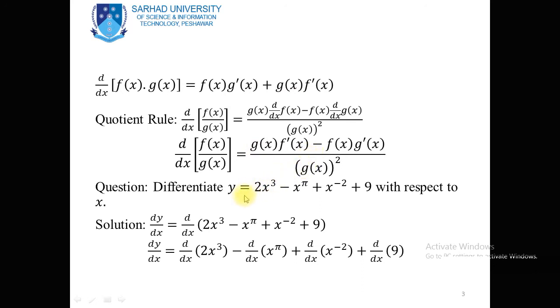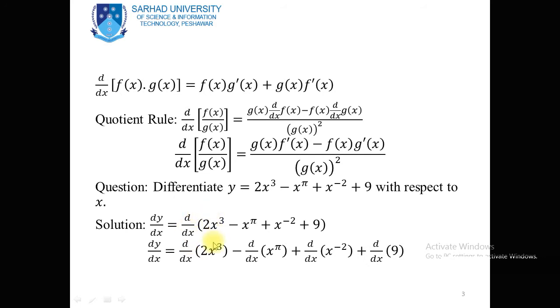Suppose we have a problem, y is equal to 2x cube minus x power pi plus x power minus 2 plus 9. We differentiate this function with respect to x. So dy by dx, the derivative of the function with respect to x: take the derivative of the left hand side and the derivative of the right hand side with respect to x.